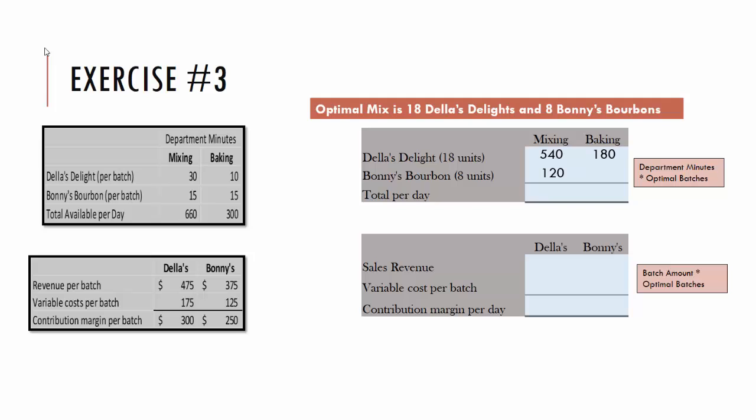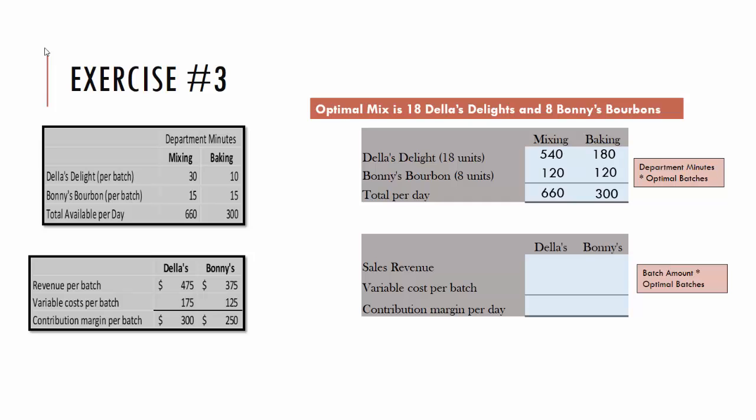And because baking also takes 15 minutes, that's also going to take 120 minutes in total to bake all the Bonnie's Bourbons. And when we add those together, we get 660 minutes in the mixing department and 300 minutes in the baking department, which is our constraint. It's our total available per day for each department.